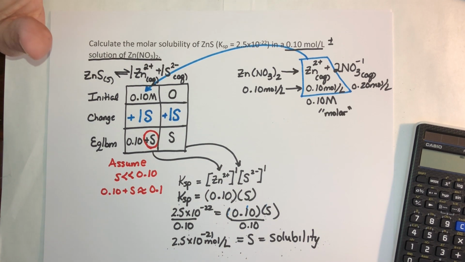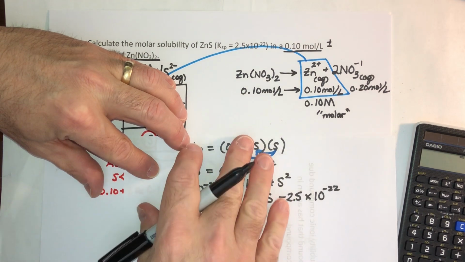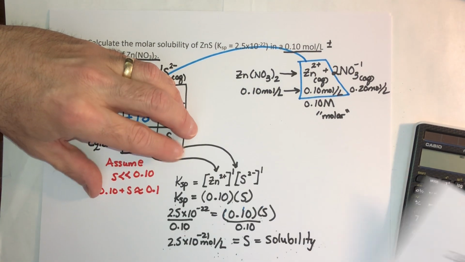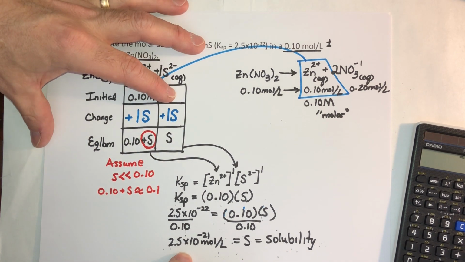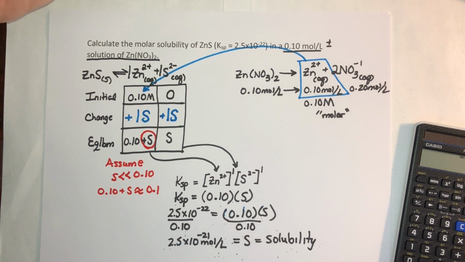It saves us a whole lot of work, and if you were to actually throw this in the quadratic formula and work out your answer, the amount of error that this introduces is so tiny that if you round it off to 2 significant figures, you don't even see it.